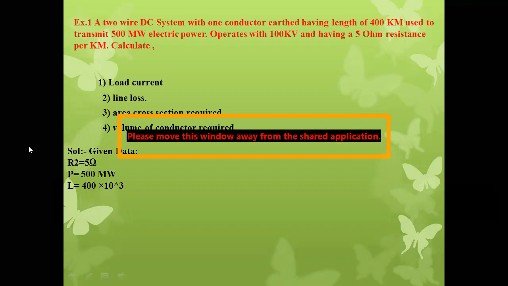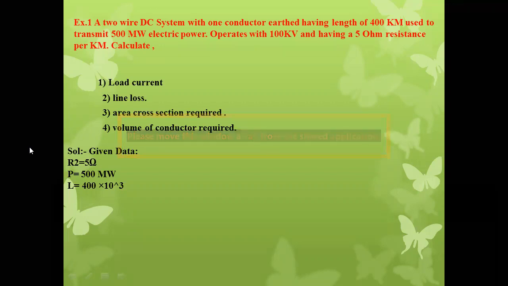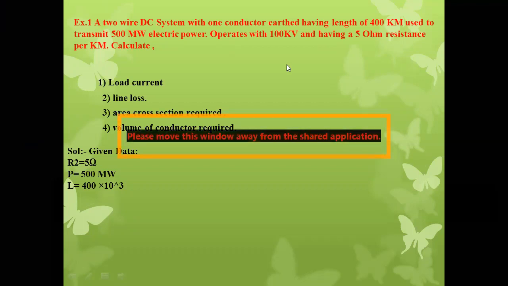In the case of a two-wire DC system with one conductor earthed used to transmit 500 megawatt power, we have to find out the load current. It will be found by using the power to be transmitted and the terminal voltage.